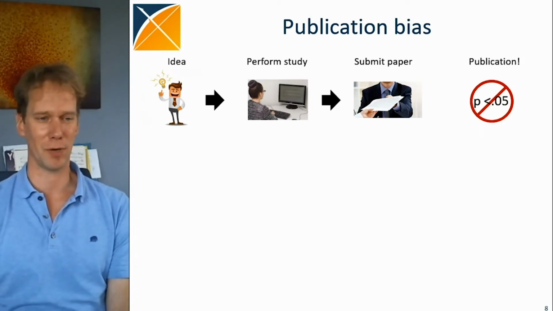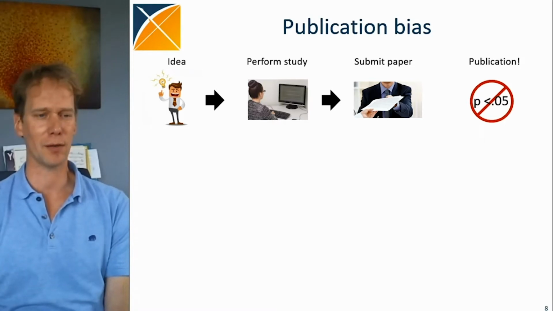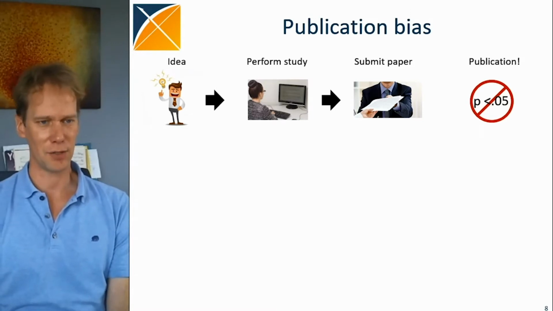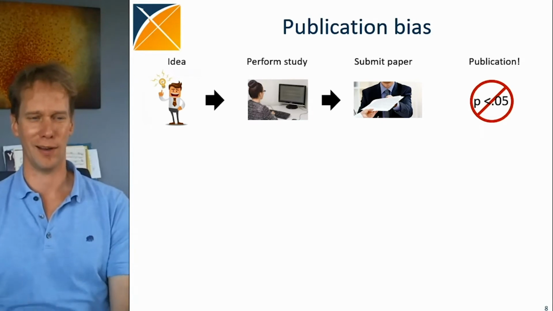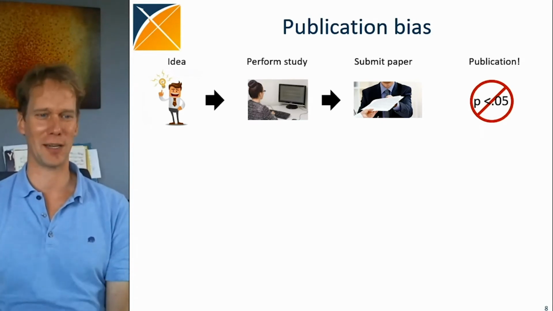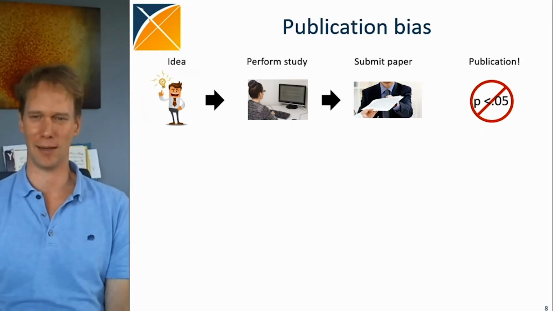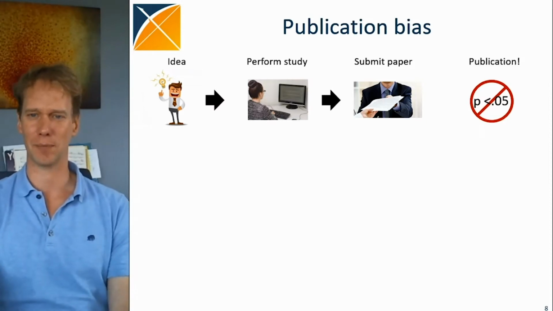But what you probably have found, like so many others, is that if you didn't observe a statistically significant effect in your study, it's actually very hard to get that published. Journals like to show interesting things, and showing that there is an effect apparently is more interesting than not showing that there is an effect. So if you're not statistically significant, then maybe you won't get published.